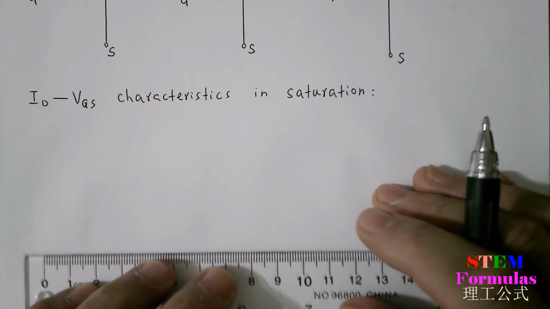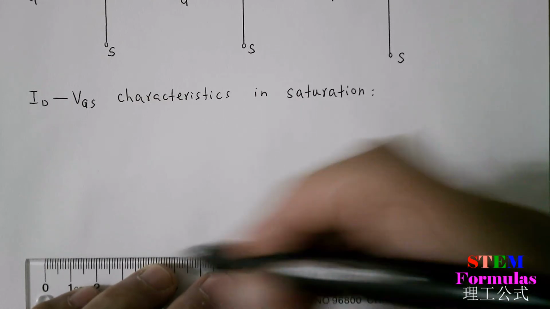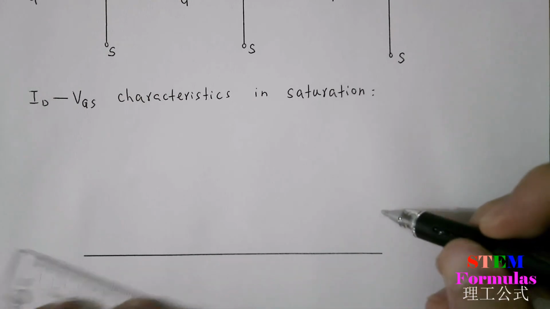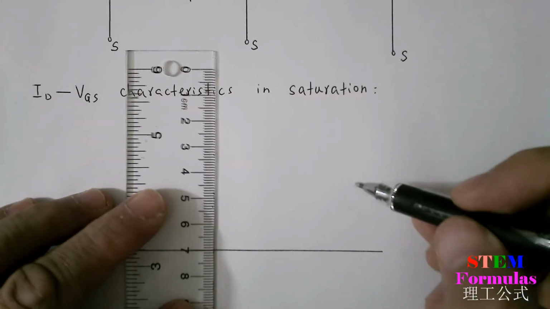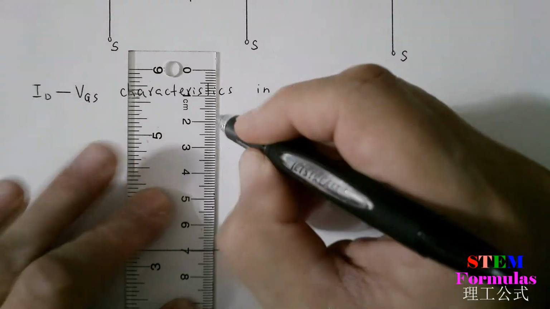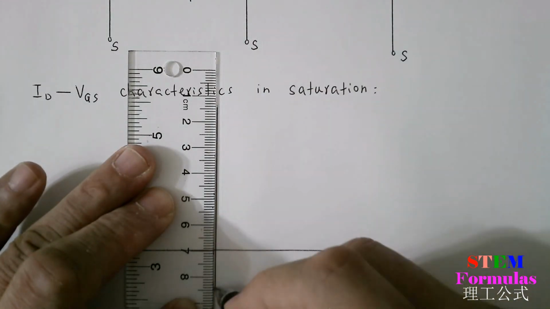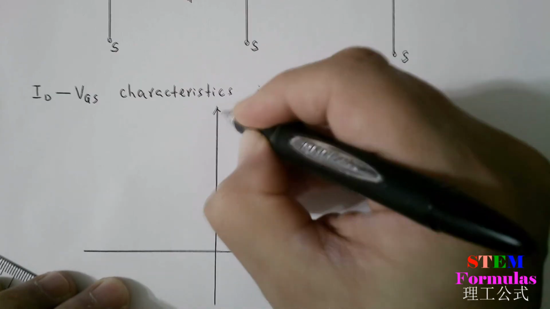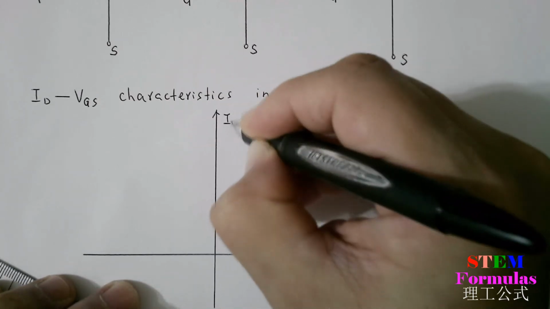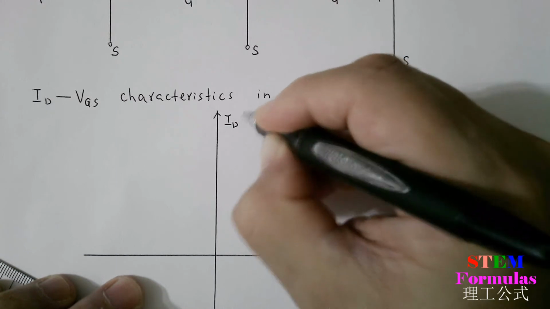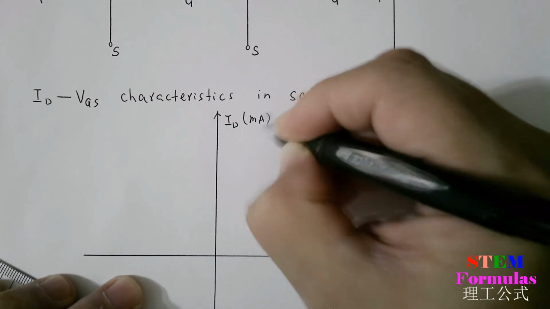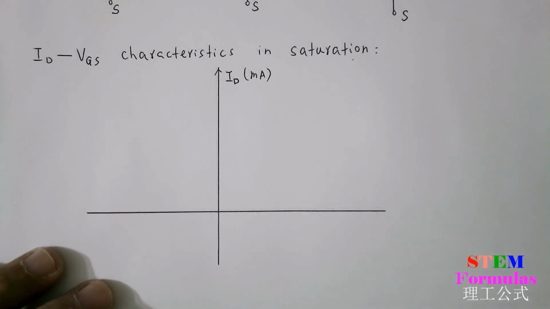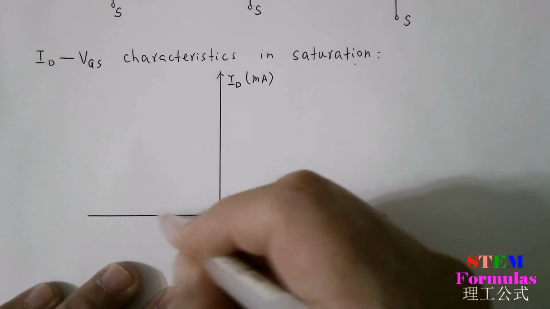The curve here, ID is current. The curve is this.